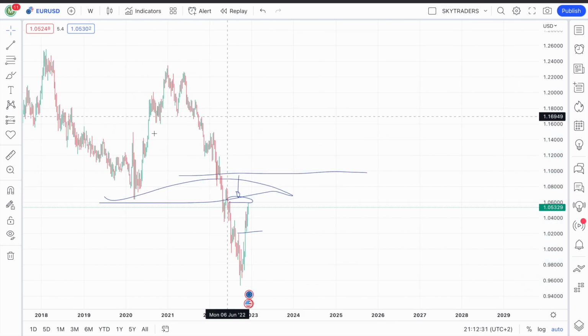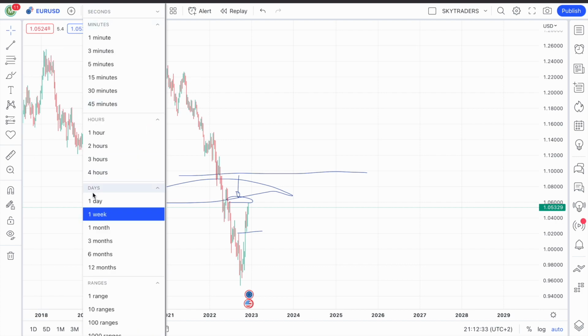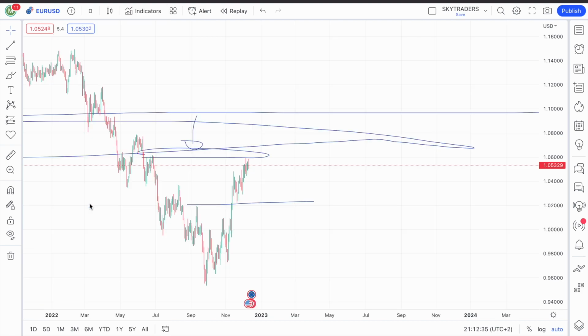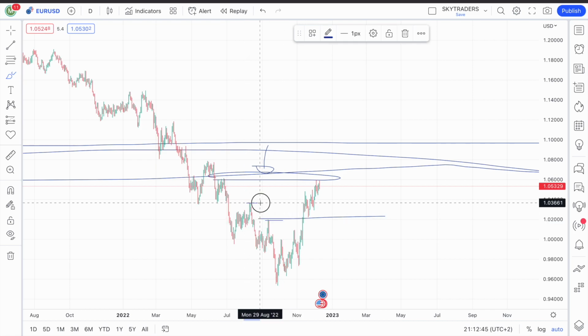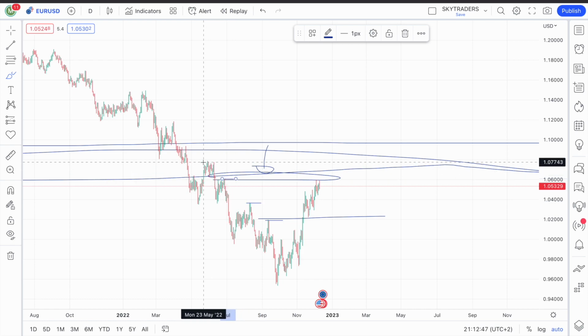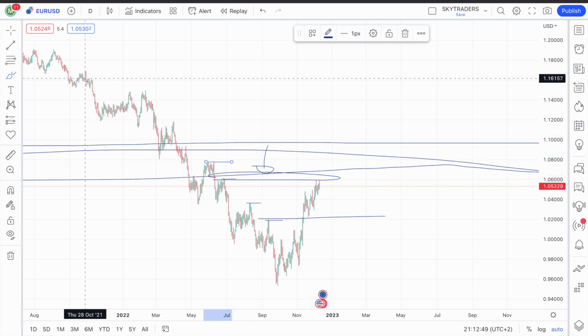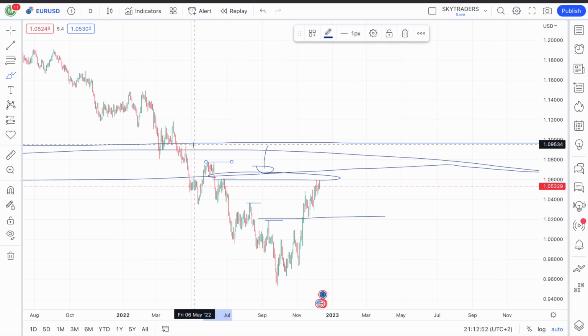Okay, on the daily time frame, where are the liquidity hunts that we targeted over the past days, weeks? This is the first liquidity hunt, second liquidity hunt, third liquidity hunt, fourth liquidity hunt, and so on and so forth. But we know that this is an important level.